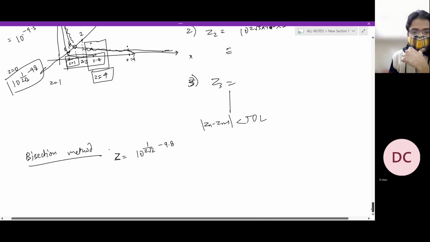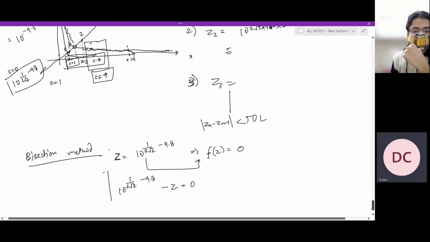In the present case, you'll have to do some manipulation. In bisection methods, we are not using successive substitution, so you need an equation of the form f(z) equals 0. To convert this into that form, you write 1 over 2 roots z minus 9.8 minus z equals 0.